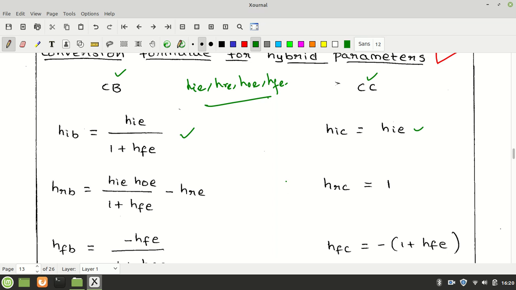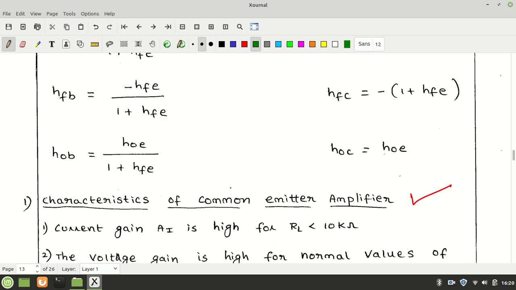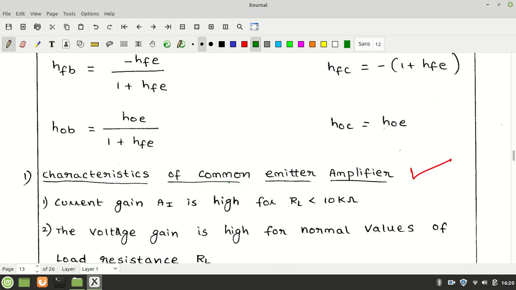So common emitter is the main thing. If you calculate the common emitter parameters, you automatically get the common base or common collector parameters using those relations, and those relations should be remembered. Those are not expected to be derived here.